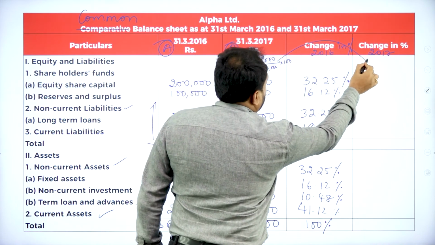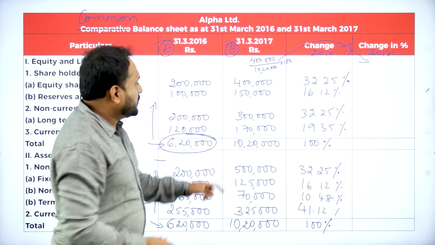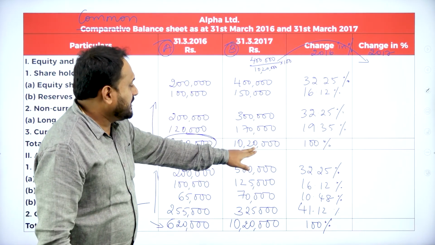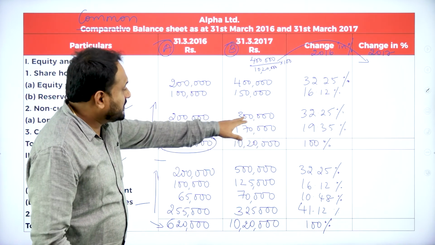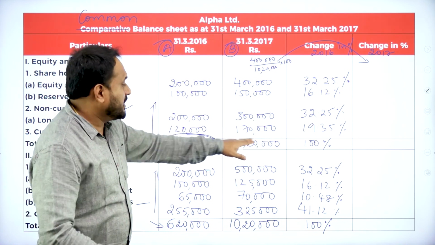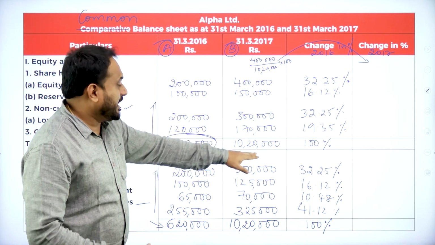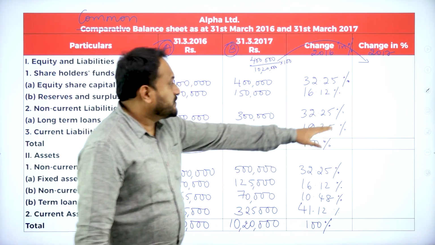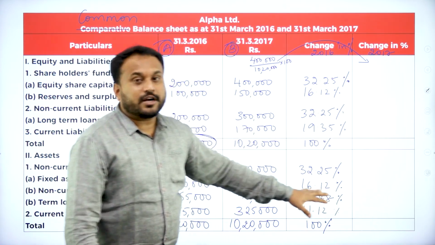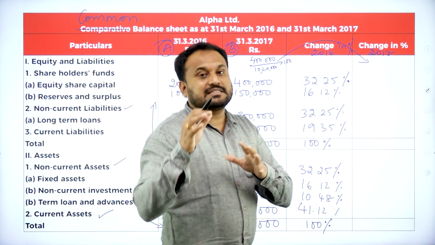Again, 1,50,000 divided by 10,20,000 into 100. 3 lakh divided by 10,20,000 into 100. 1,70,000 divided by 10,20,000 into 100. So you fill this. This is what is called the common size statement.